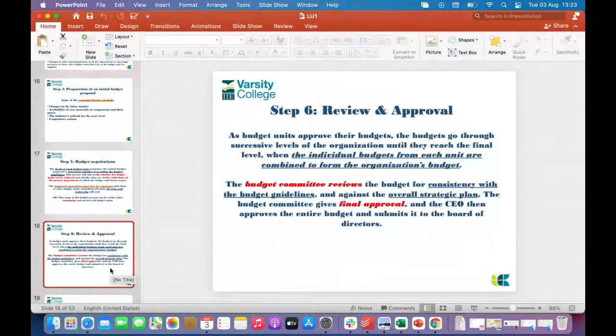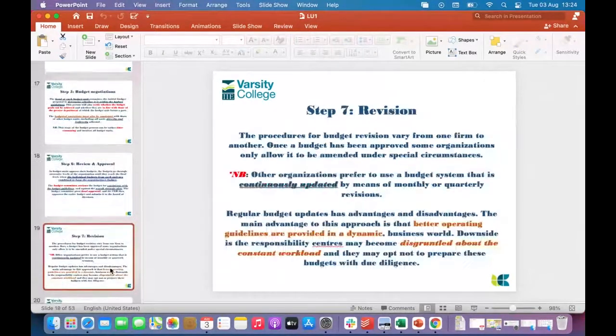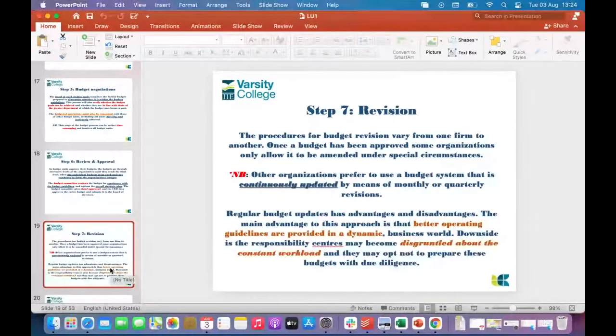Then there's review and approval. The committee reviews the budget for consistency with the budget guidelines and against the overall strategic plan. The budget committee gives final approval, and the CEO then approves the entire budget and submits it to the board of directors. Then revisions.